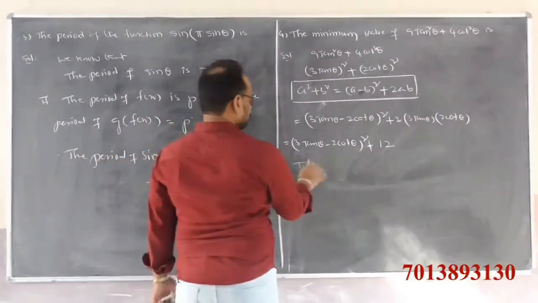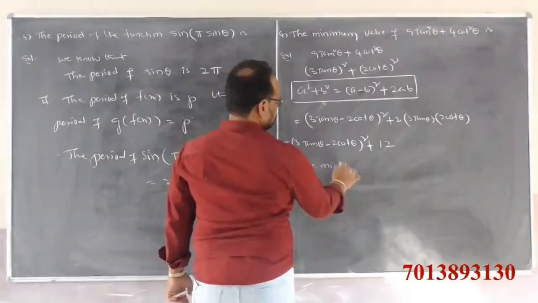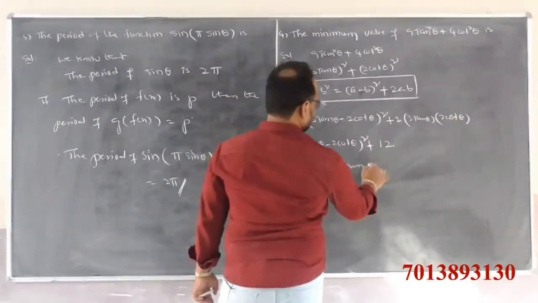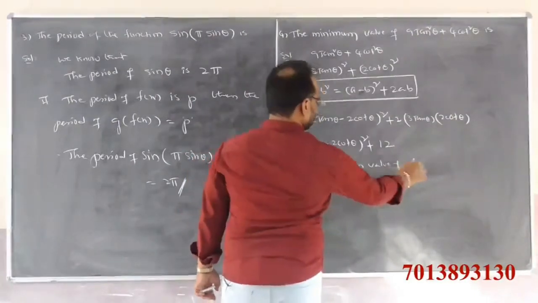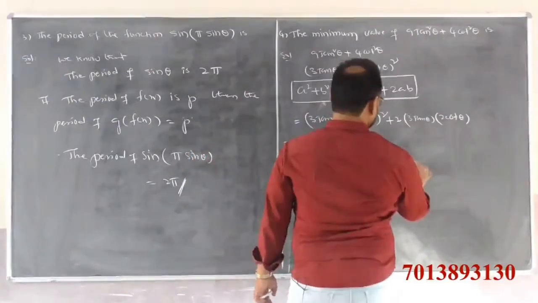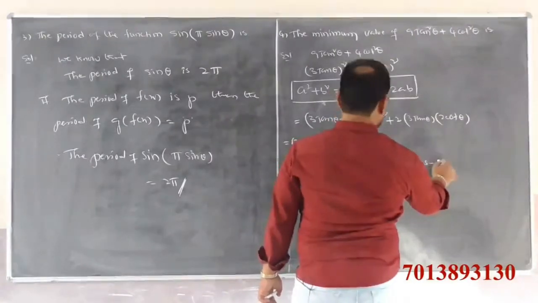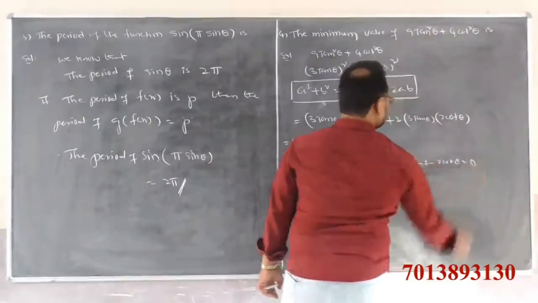The minimum value of 3 tan theta minus 2 cot theta is equal to 0.